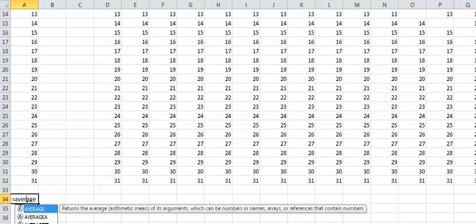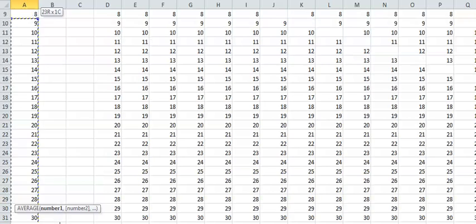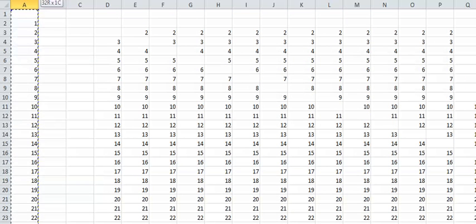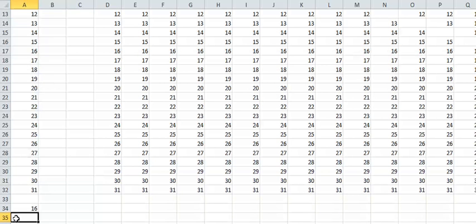Equals average, highlight, close it off, press enter. The mean of the population is 16. When I added these 31 numbers and divided by 31, the mean came out to 16.